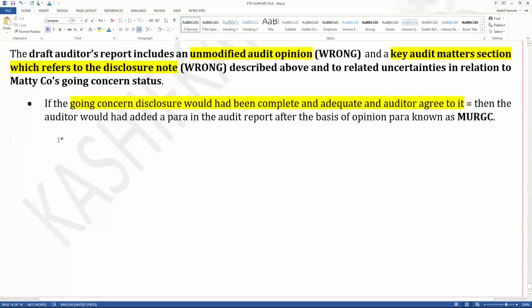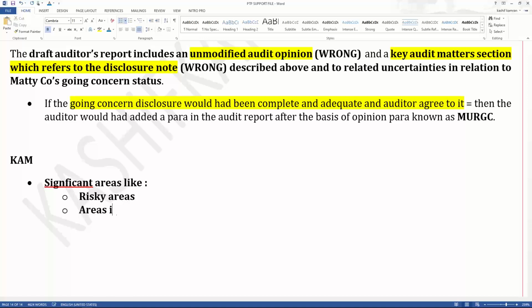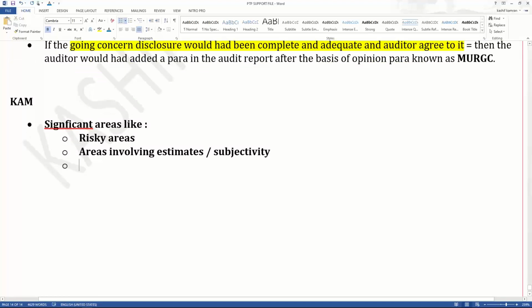You need to understand that CAM only comes for significant areas like risky areas, areas involving estimates or subjectivity, or CAM comes in the financial statements for any significant adjusting or non-adjusting event.